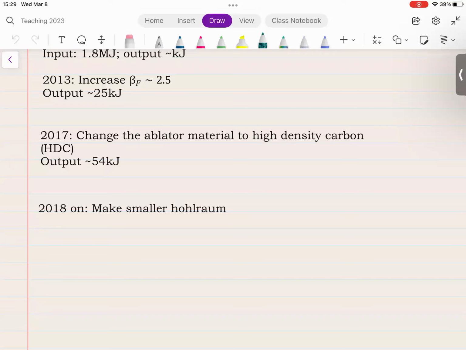Or in this case, with the same amount of laser energy, you can make more X-rays and therefore drive a bigger capsule. But you've changed the geometry of your system. That means you have to do more experiments to redesign the shape and duration of the laser pulses and so on. So that was done in a series of campaigns starting from 2018.